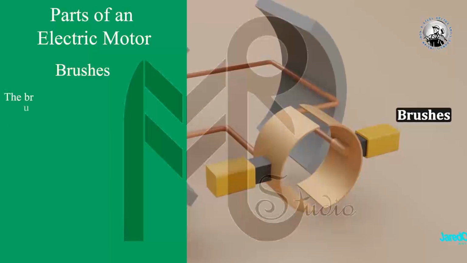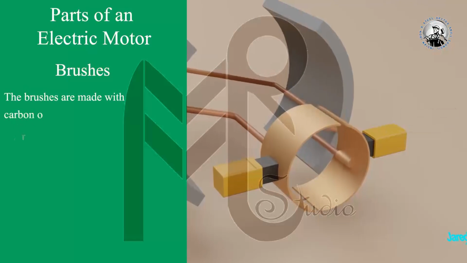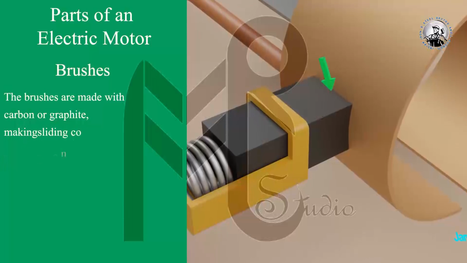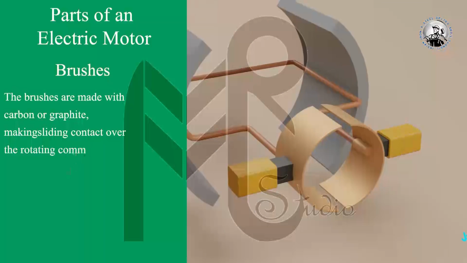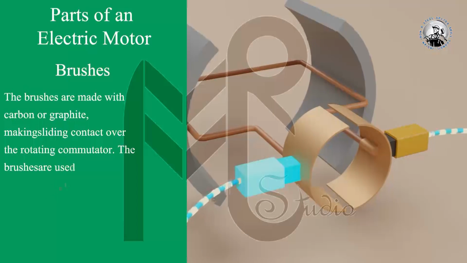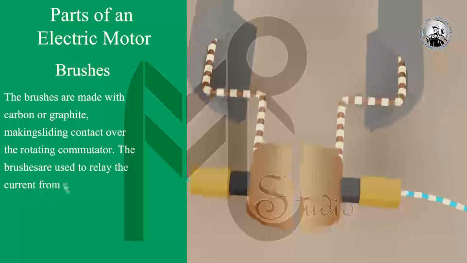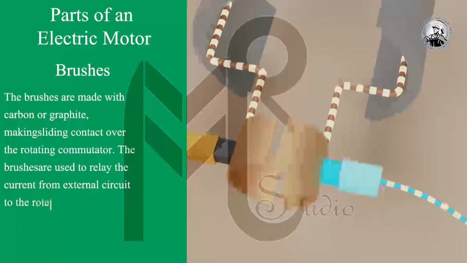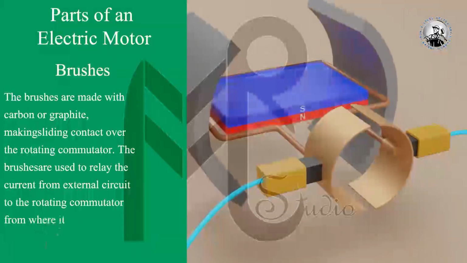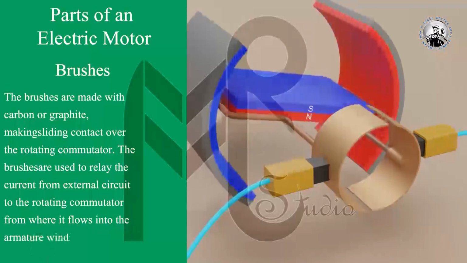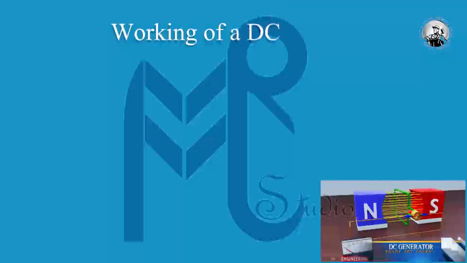Brushes. The brushes are made with carbon or graphite, making sliding contact over the rotating commutator. The brushes are used to relay the current from the external circuit to the rotating commutator, from where it flows to the armature windings.